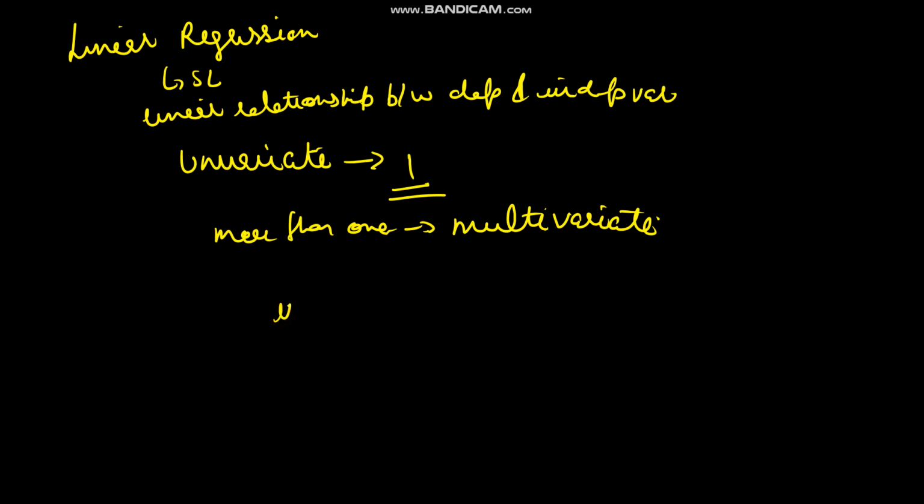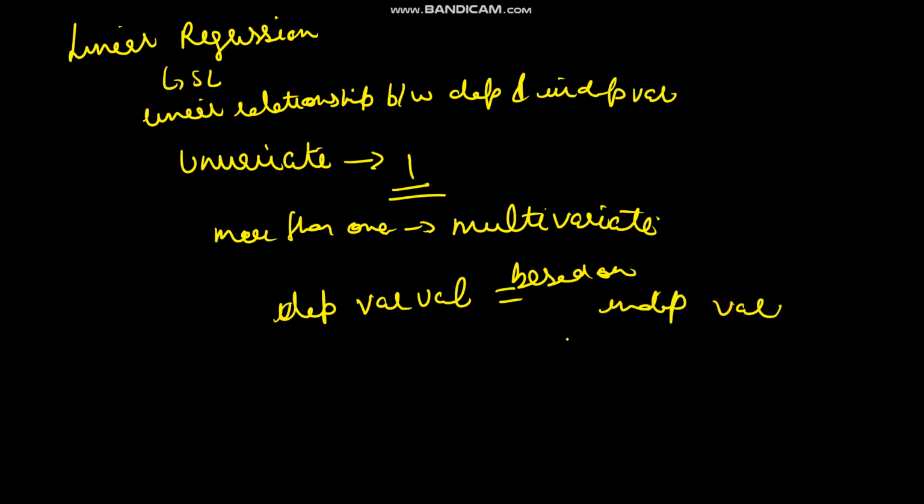So we have a dependent variable value to be calculated, which is based on independent variables. For this we have the equation of a straight line, y equal to, let us say, mx plus c, where we have the slope.